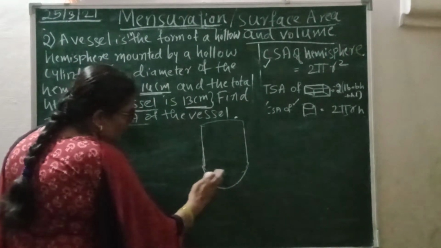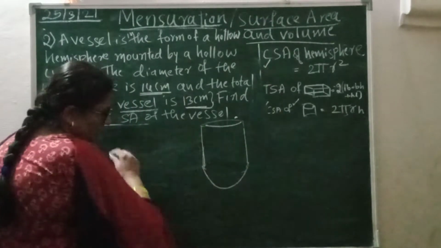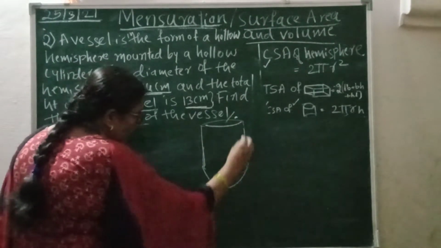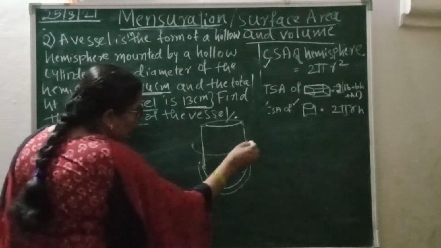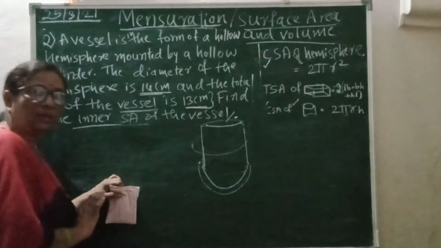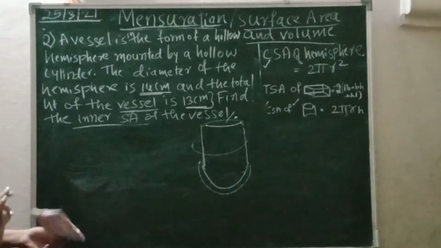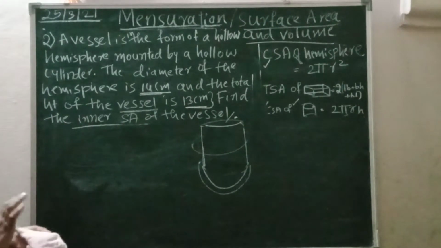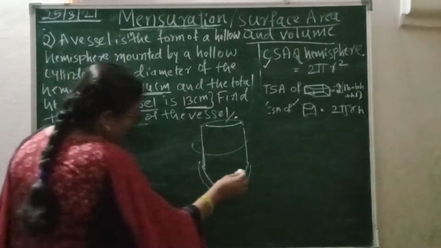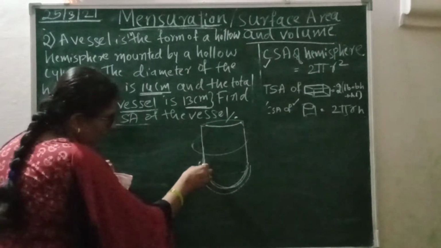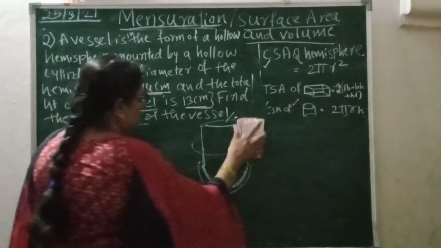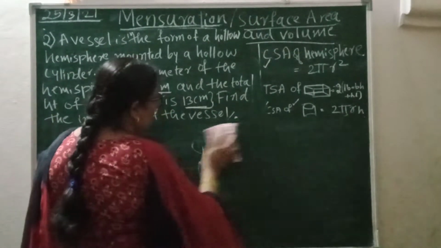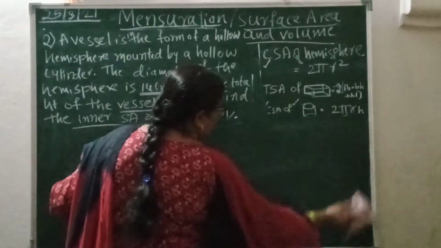This is also open here. This is open, and that means you need only the curved surface area, this curved surface area and this curved surface area. There is nothing to do with total surface area, because top and bottom are not given, and in a sphere the curved surface is nothing but the outer surface area. So very easy. Now I think you people understood the diagram and the given things.